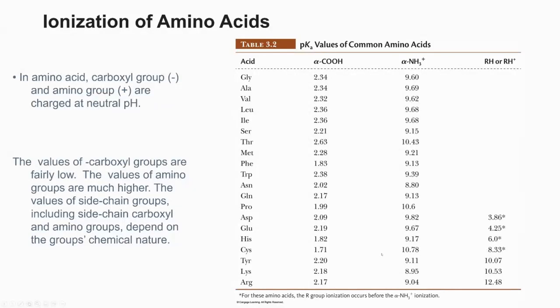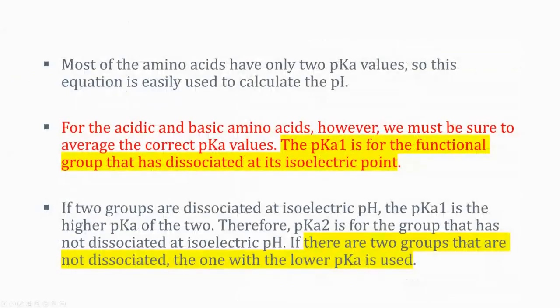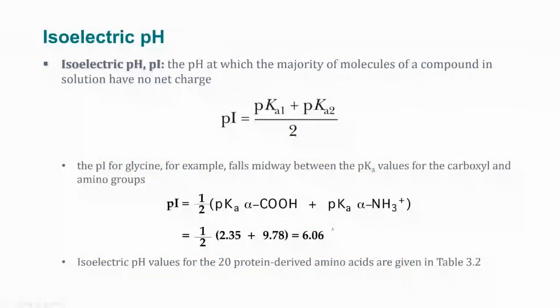To calculate the pI, you would take the dissociation of the amino group, 10.78, plus the carboxyl group, 1.71, divided by 2, and now calculate the one in the middle. So you have to take the one from the carboxyl group, one from the amino group, and divide it by 2. That's how you determine the isoelectric pH.